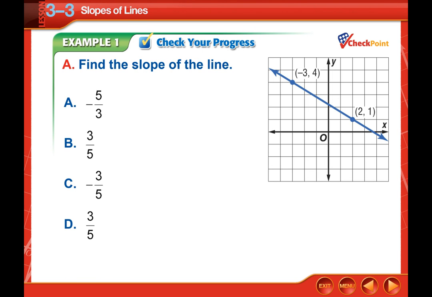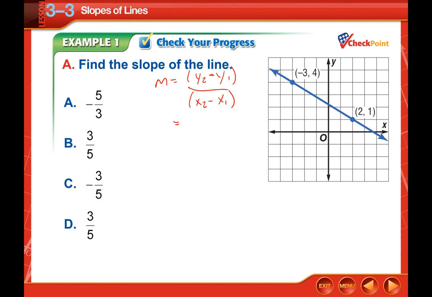Okay, find the slope of this line. Okay, we need to plug this into the equation. M is equal to y2 minus y1 divided by x2 minus x1.